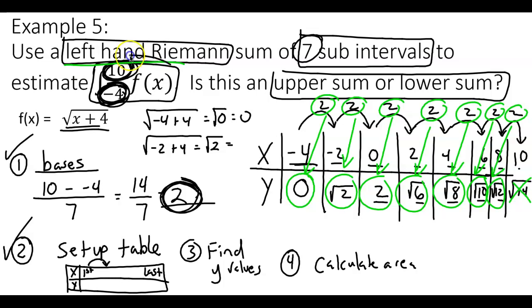So our integral is approximately going to be 2 times 0 is 0. 2 times the square root of 2 is 2 radical 2. 2 times 2 is 4. 2 times radical 6 is next.